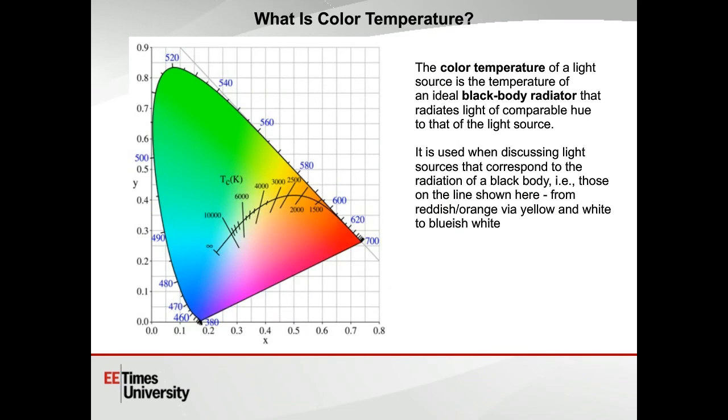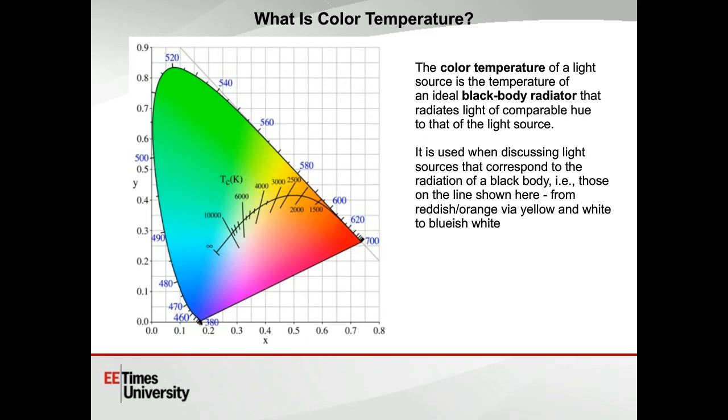The next thing that we've talked about in the last couple of slides is color temperature. And this gets back to this idea of a black body radiator. In physics, a black body is an idealization. It's an object that absorbs all incident electromagnetic radiation, just like a black hole in science fiction, or actually science reality, corresponds to an object that absorbs all radiation too.